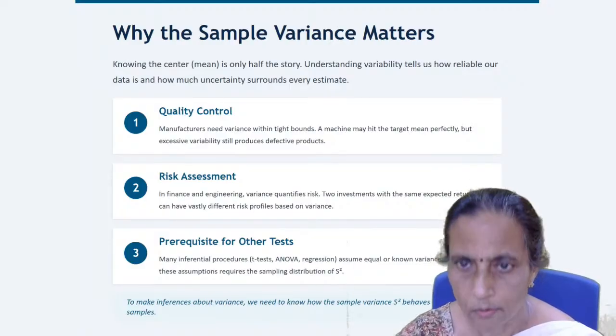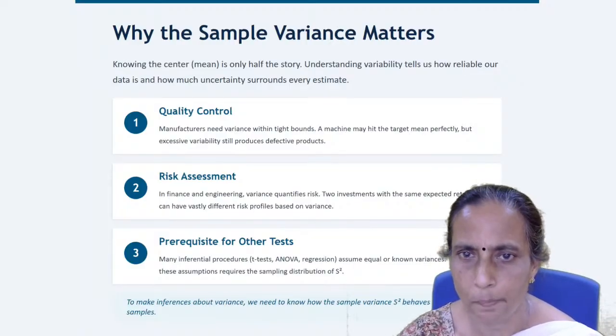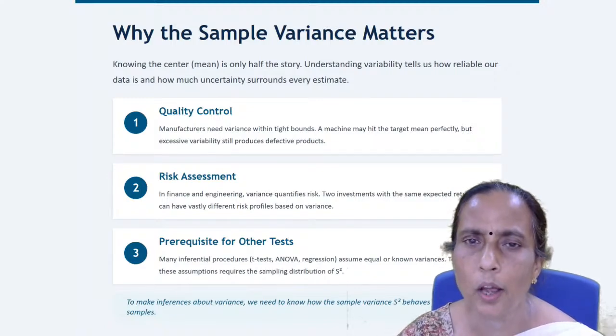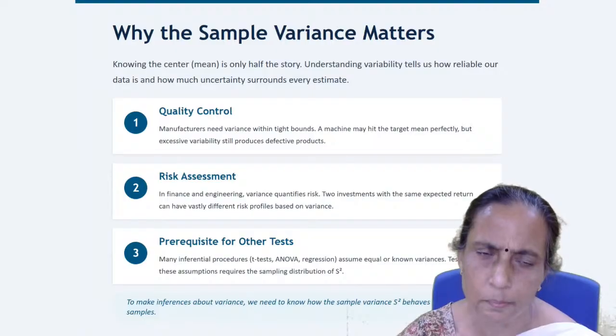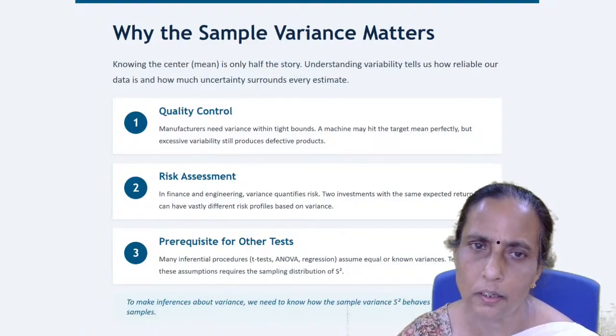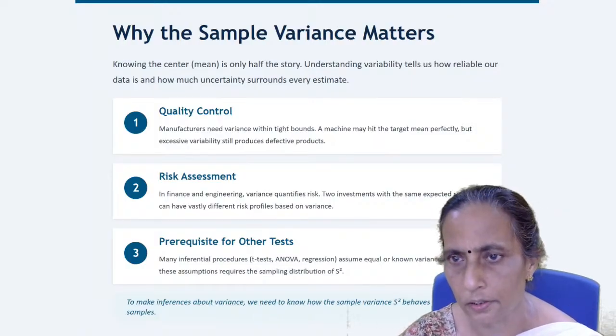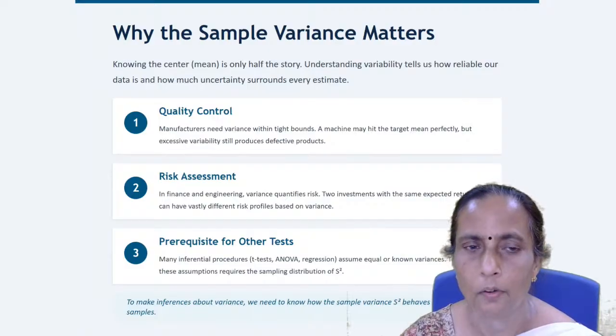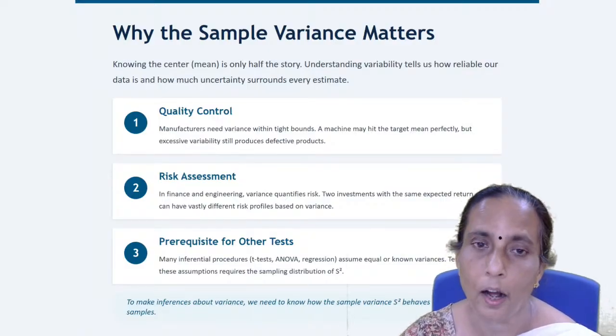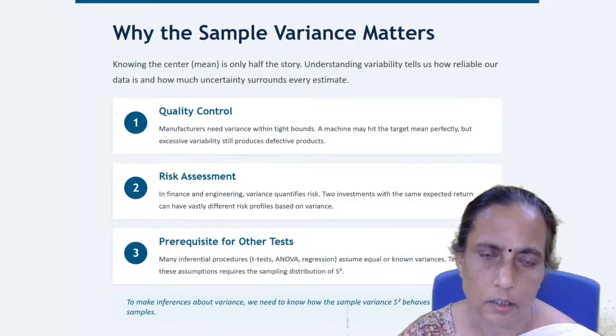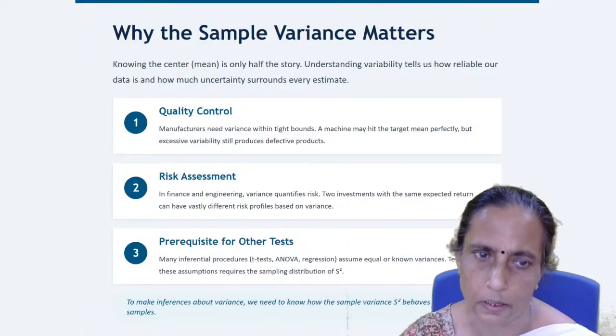So to compare your samples or observations and make a decision, we need one more variable to be calculated, that is the sample variance. Understanding variability tells us how reliable our data is and how much uncertainty surrounds every estimate.